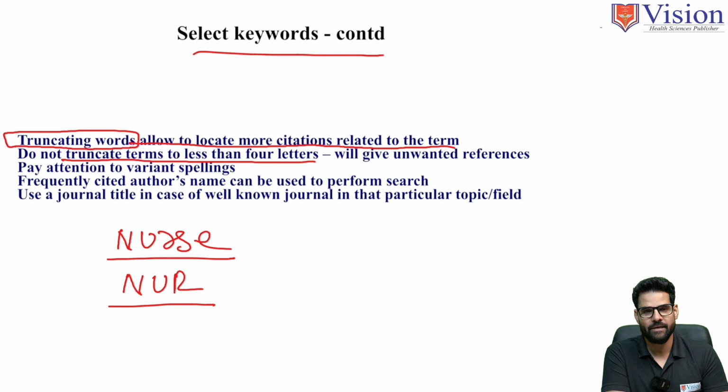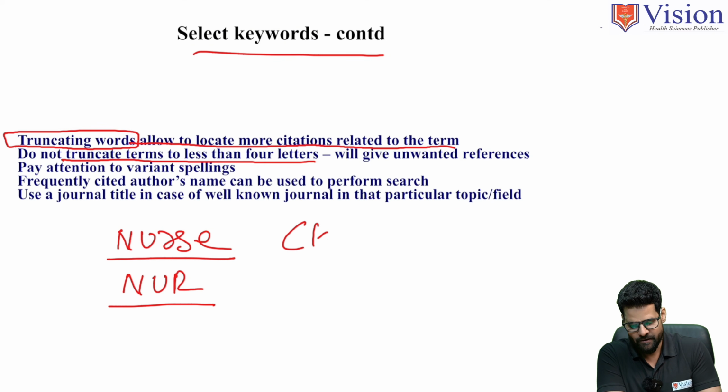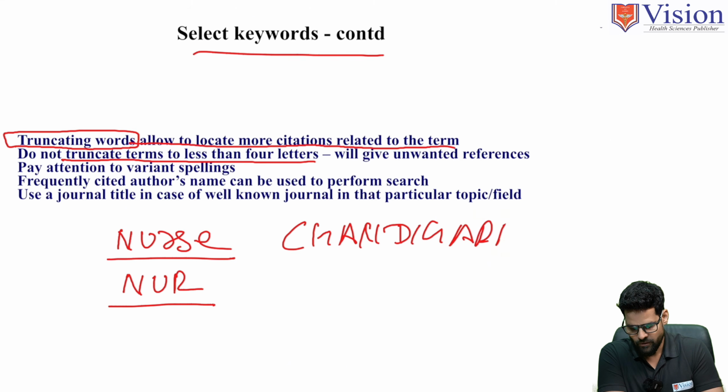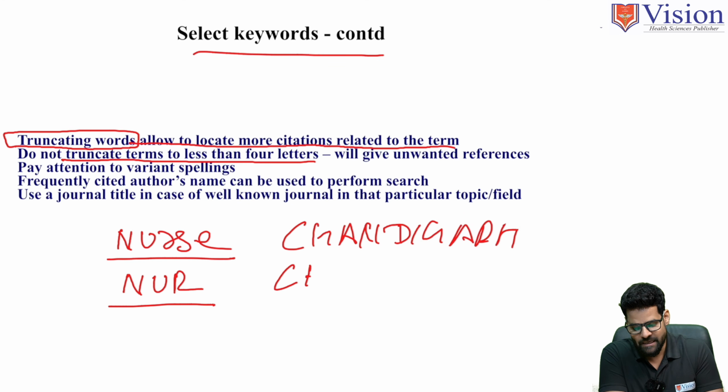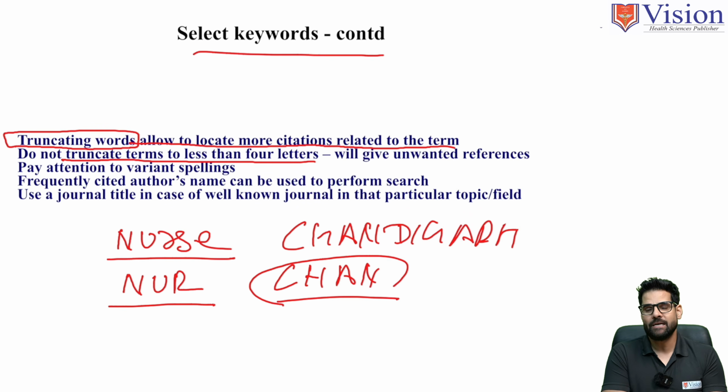That is a truncation. Like Chandigarh: I just write the first letter C, so all the researches having a keyword starting with C will come, then CHAN, like that. So many researches having a keyword starting with CHAN will come. That process is called truncation.